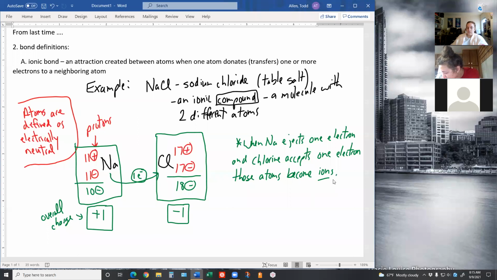These atoms become ions, right? An ion, as you may remember from reading the early pages of chapter 2, is an electrically charged atom.